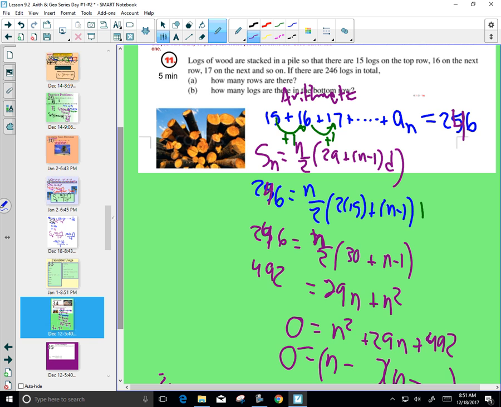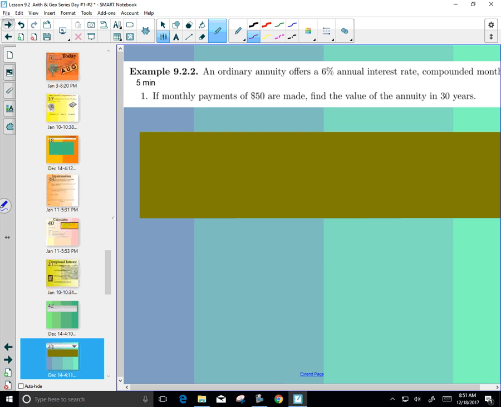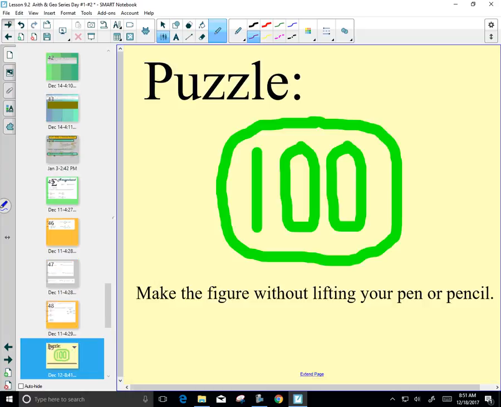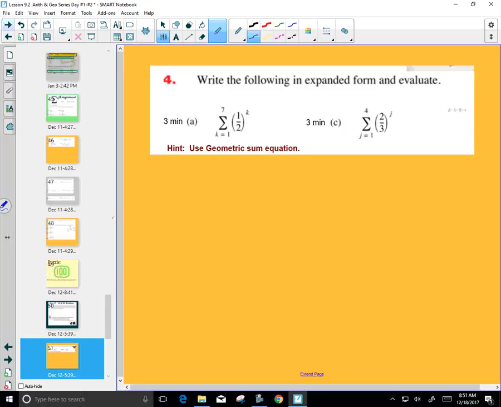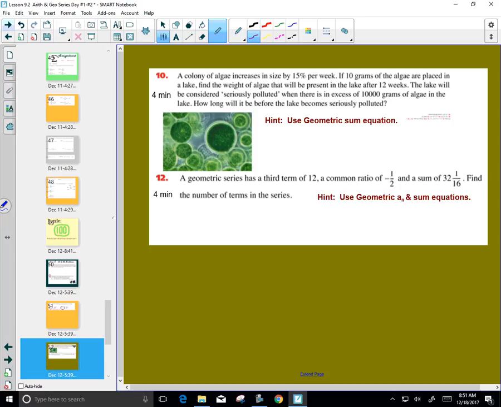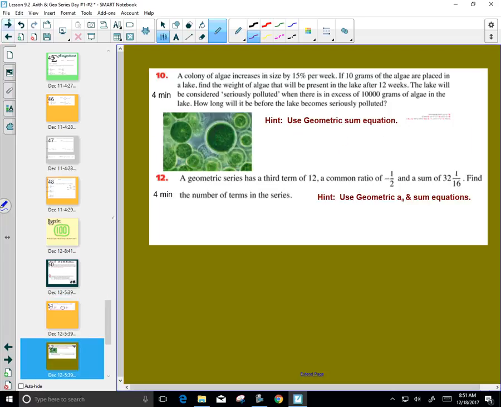All right. So going down to homework, day 2. I want to keep this really, really, really simple. We're going to do number 9, number 10, and then I like these two. And I thought I had an arithmetic sum, but I don't see one.